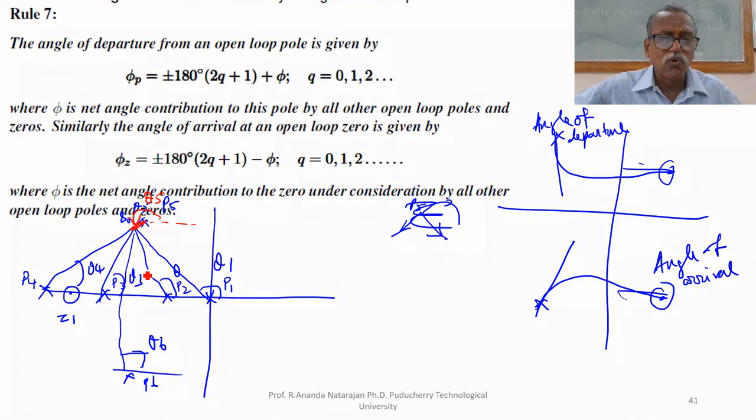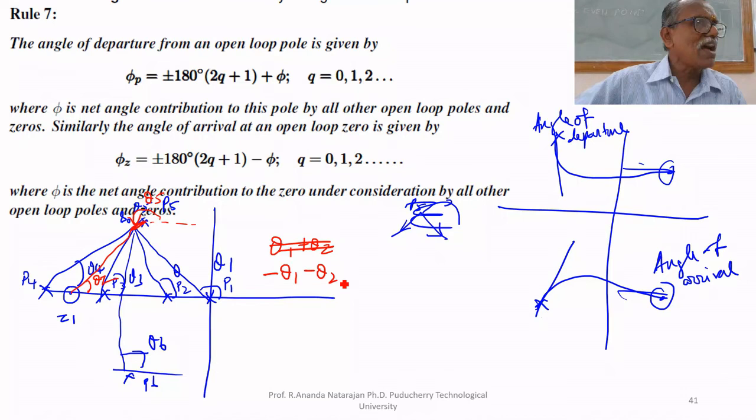Therefore, I am writing minus theta 1, minus theta 2. Why do I put minus?